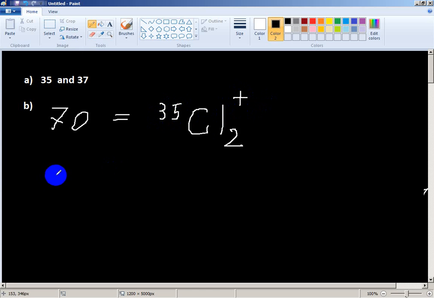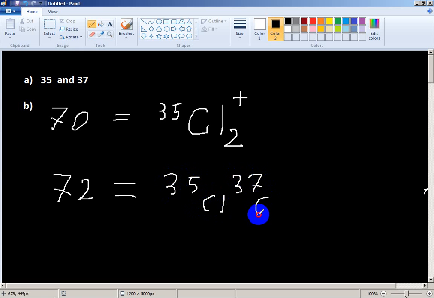Okay, now 72, which particles are responsible? Chlorine-35 or chlorine-37? Both, yes. Chlorine-35 and chlorine-37, with one charge.